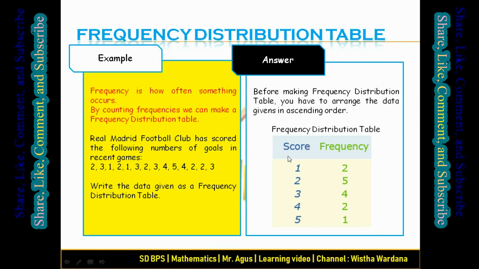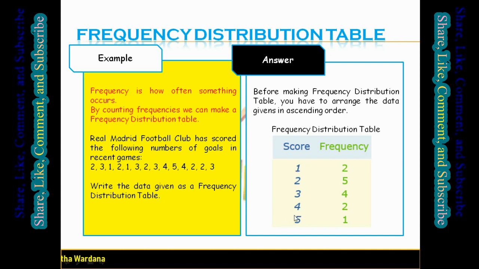The first column is the score that shows the goals that the Real Madrid Football Club got in recent games. And the second column is about frequency. Frequency is how often something occurs. And in this case, it is how many matches the Real Madrid Football Club played in recent games.